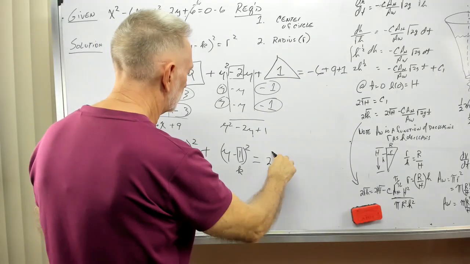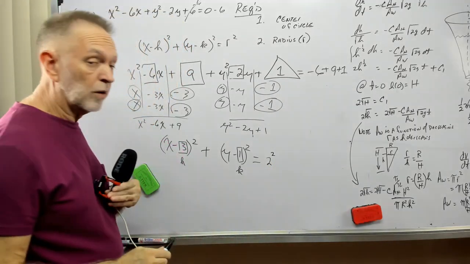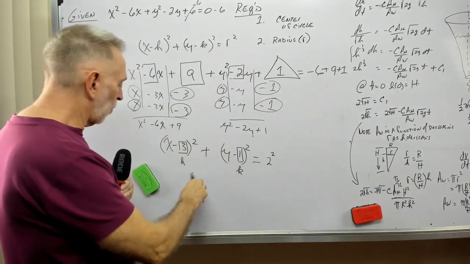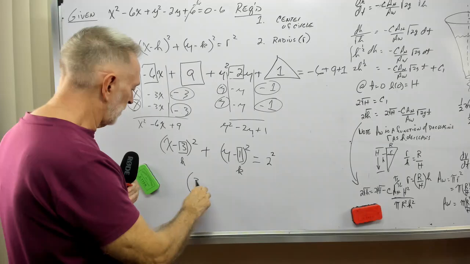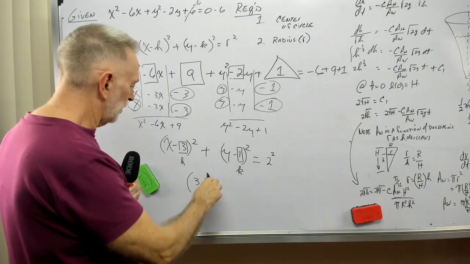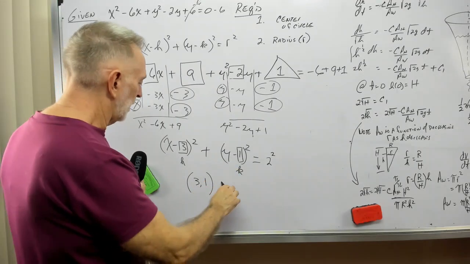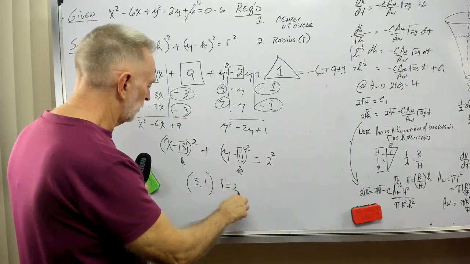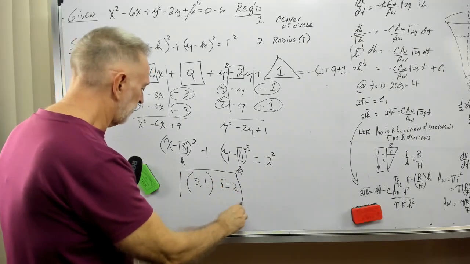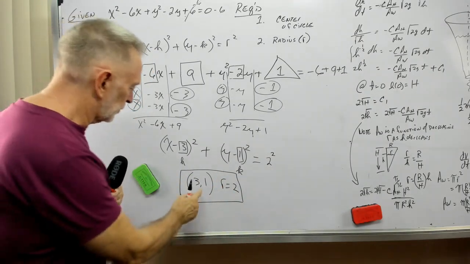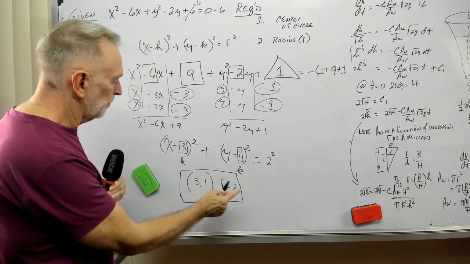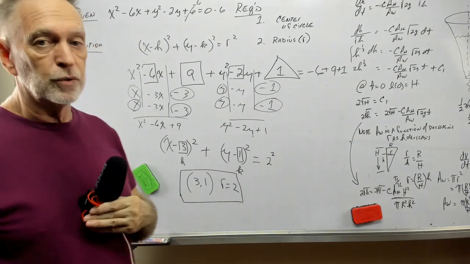So that equals 4, which is 2 squared, so r equals 2. So my coordinates then would be 3, 1, and radius equals 2. So that, my friend, would be the center of the circle, 3, 1, with a radius of 2.